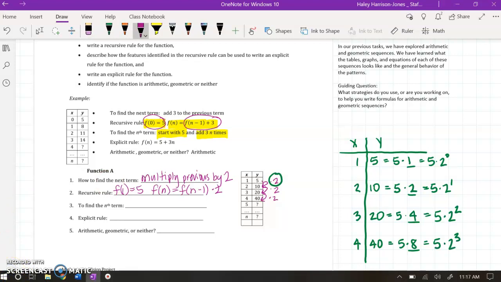Now I need to notice the relationship between my exponent and my x term. Notice here my exponent is 2 and my x term is 3. So this is 5 times 2 to the power of x minus 1.